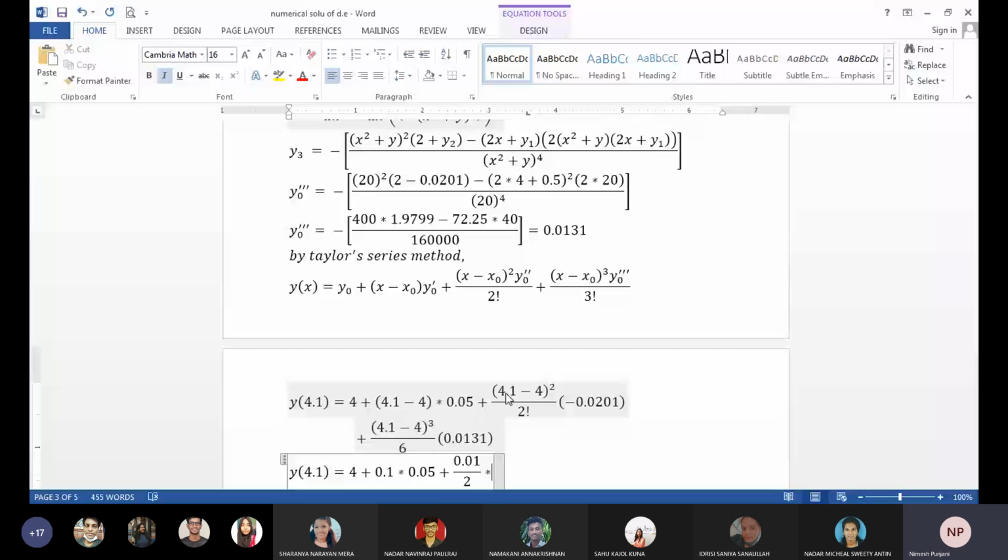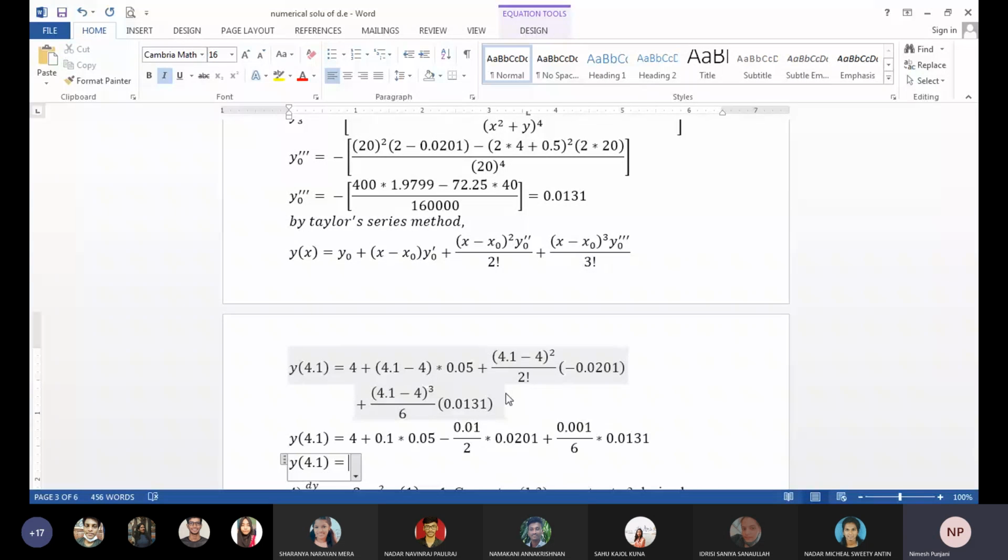Okay, so this will be minus because I have a minus sign. 0.1 ka cube divided by 6. I hope till this the things are clear. Everyone is following what we are doing. Yes, sir.